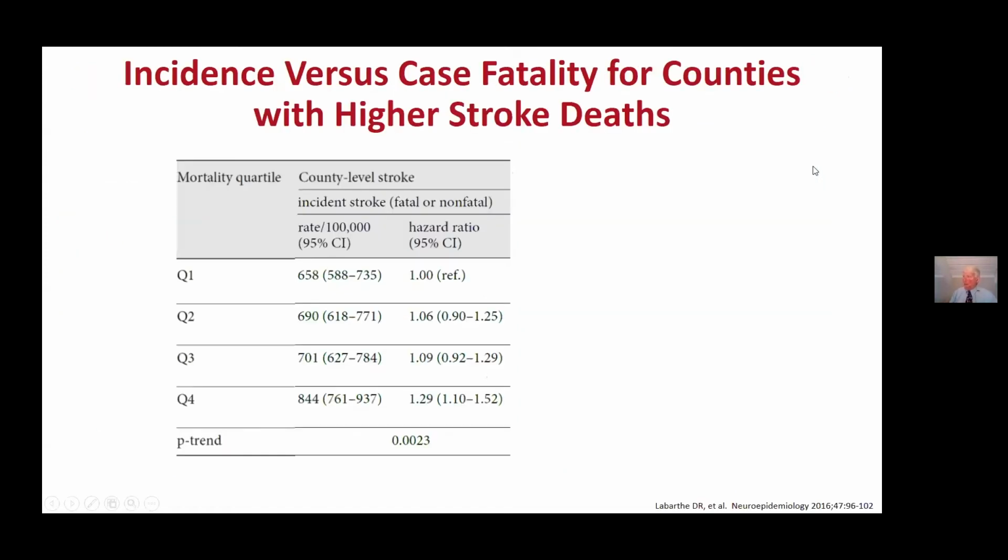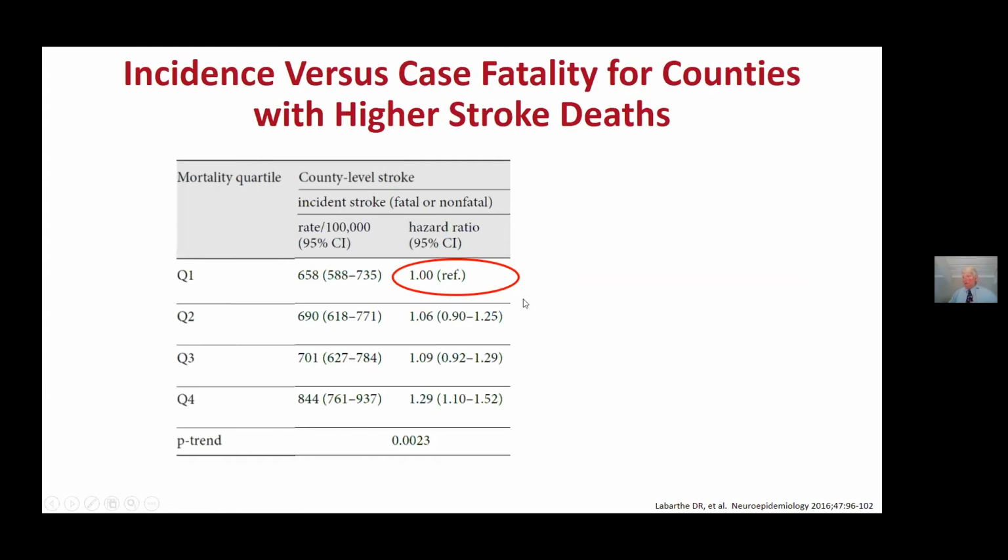So again, the same games. Is that because of incidence or is that because of case fatality? So here are the incidents as we move from the counties that have the lowest mortality to the highest mortality. So this is basically non-stroke belt and stroke belt counties. And as you can see, we start out with the people in the lowest mortality, the non-stroke belt counties.